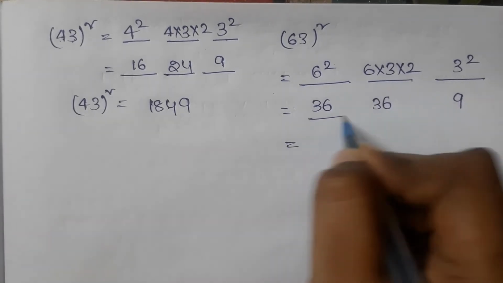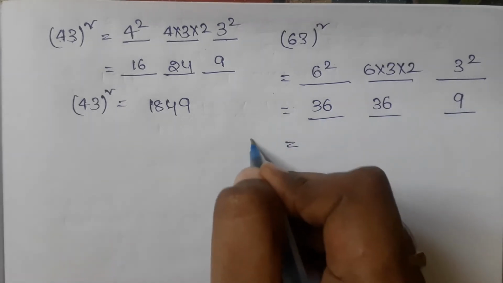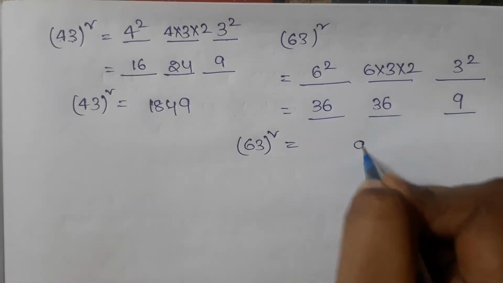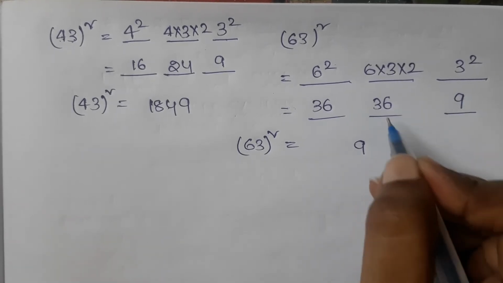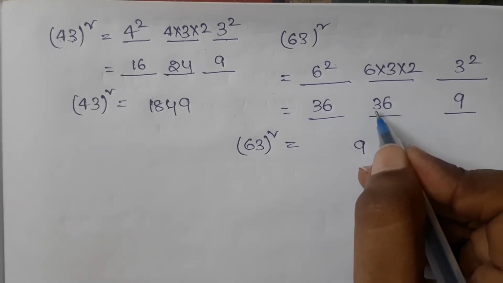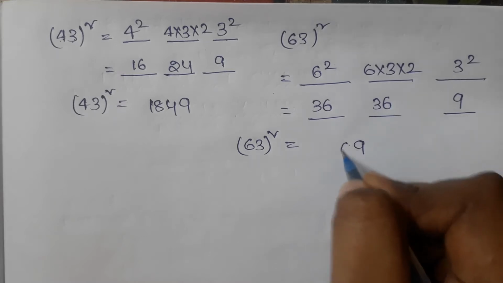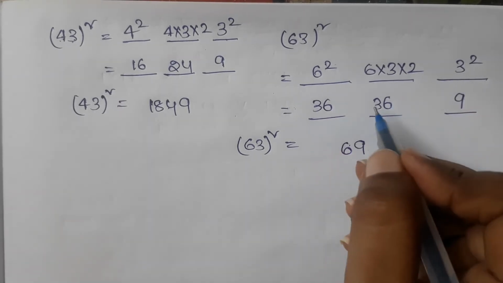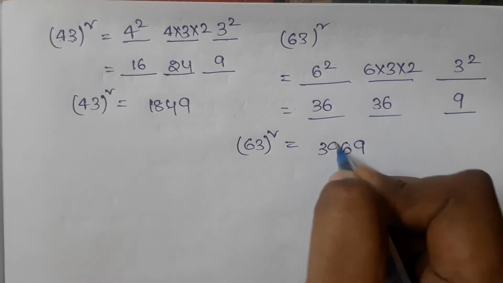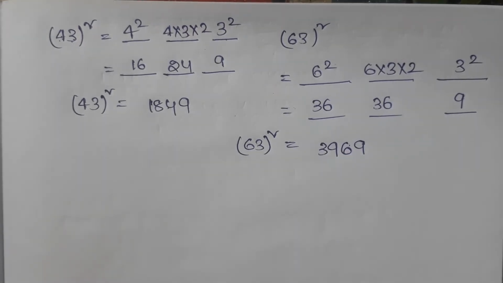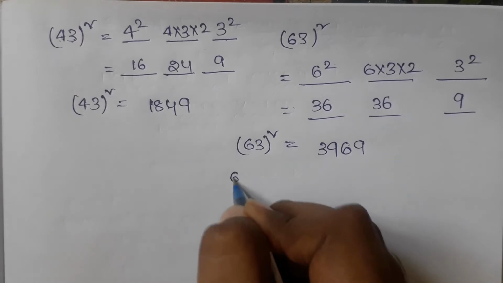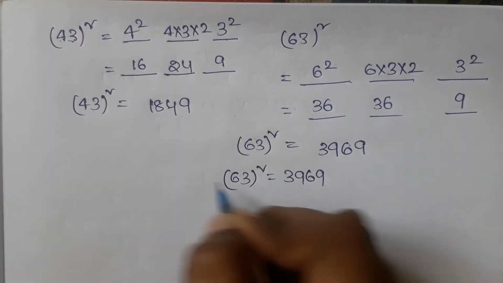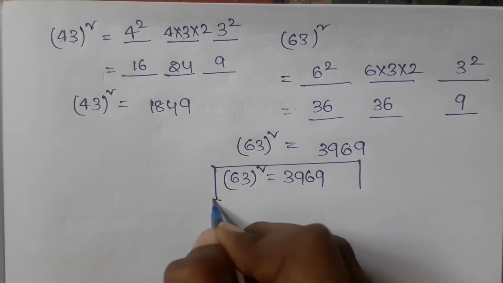Now this is written here: 9 is written in the units place, and in 36 only 6 is written, and the 3 is carried forward, that is 36 plus 3 is 39. And now 63 whole square is 3969.